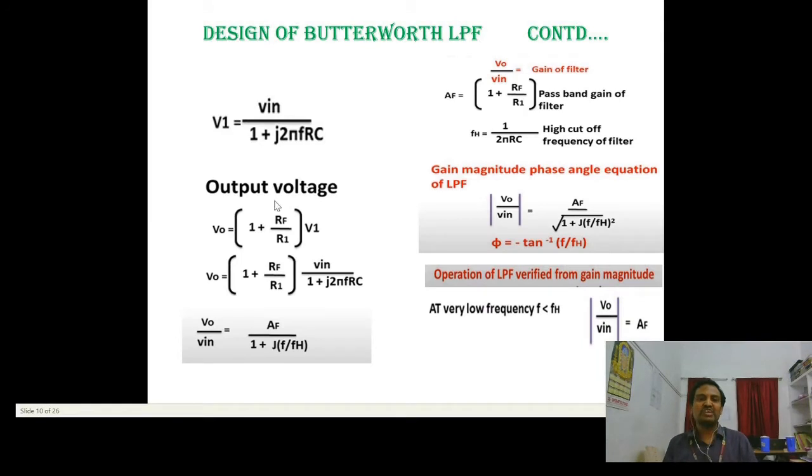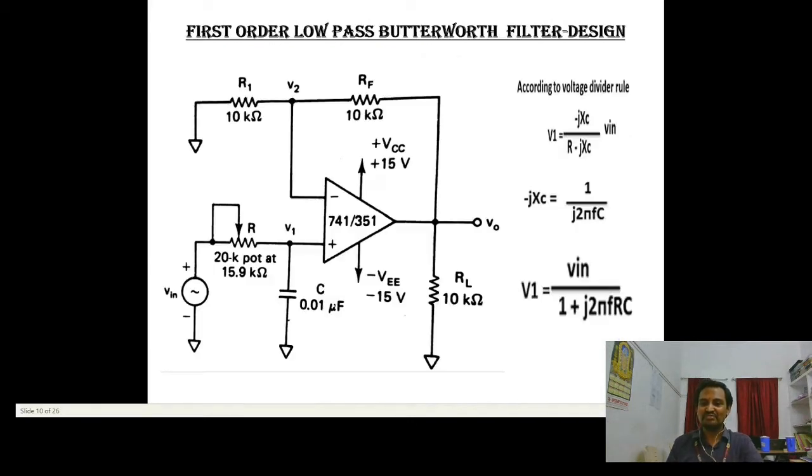Next, this will be the output voltage. I already told you about the gain of the non-inverting amplifier, which has a gain of 1 plus RF by R1. If you see the previous circuit diagram, this is the output voltage.